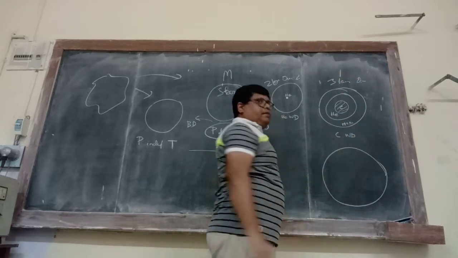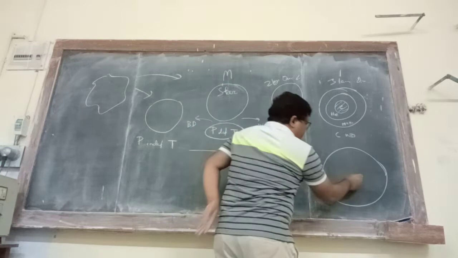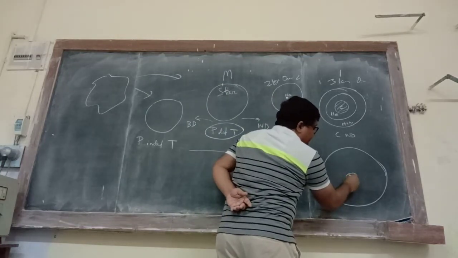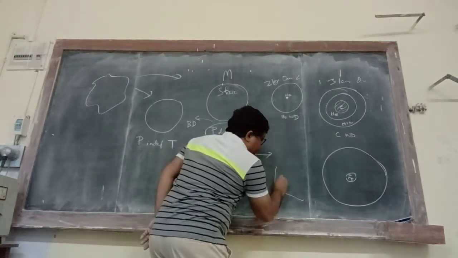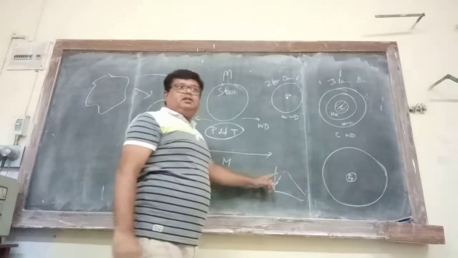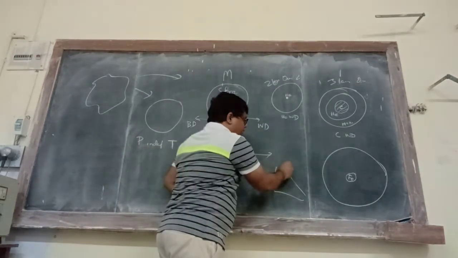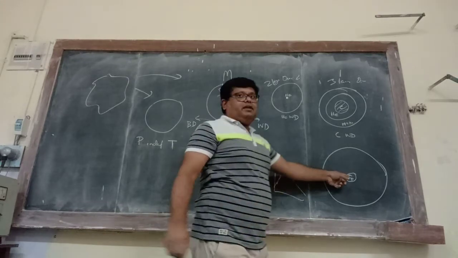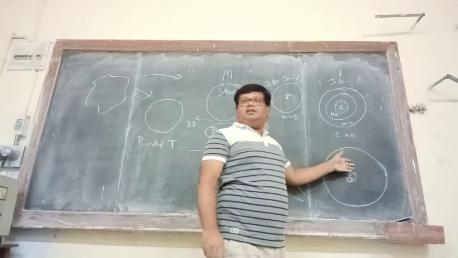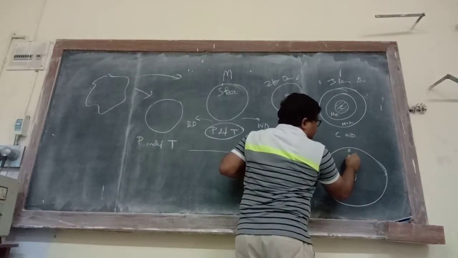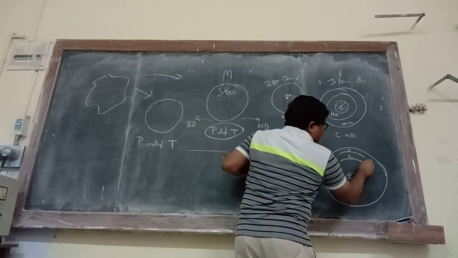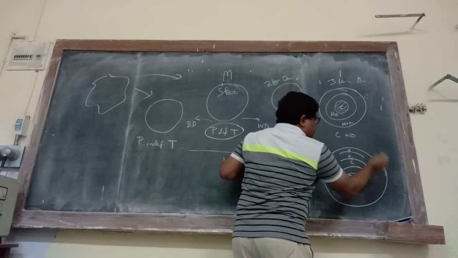And in the maximum scenario, remember, we will have iron. Why iron? Because remember, in the binding energy curve, the maximum is iron. So iron, then silicon, magnesium, and so on and so forth. So it will be like this: hydrogen, helium, carbon, and so on and so forth.